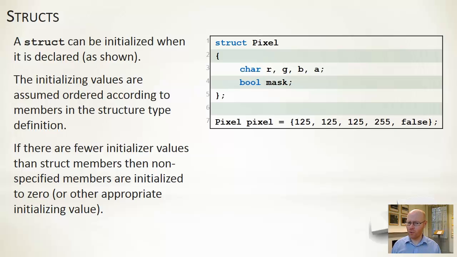If you do provide fewer initializing values than data types in the structure, which is generally an iffy thing to do, but you can do it, then it assigns whatever ones you have provided and goes for default initialization in the remaining values, but generally not a sensible thing to do.